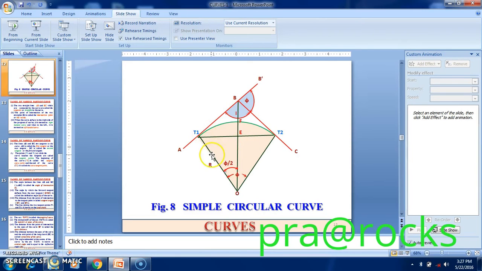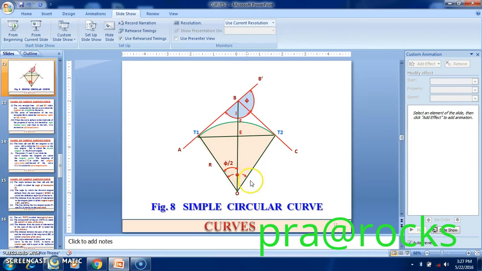And you can see in this figure the angle T1OT2 is denoted by the letter phi, which means the same as the deflection angle. Why? We know T1OT2 equals 180 minus the angle of intersection I, since T1BT2O forms a quadrilateral, and the sum of opposite angles will be 180.